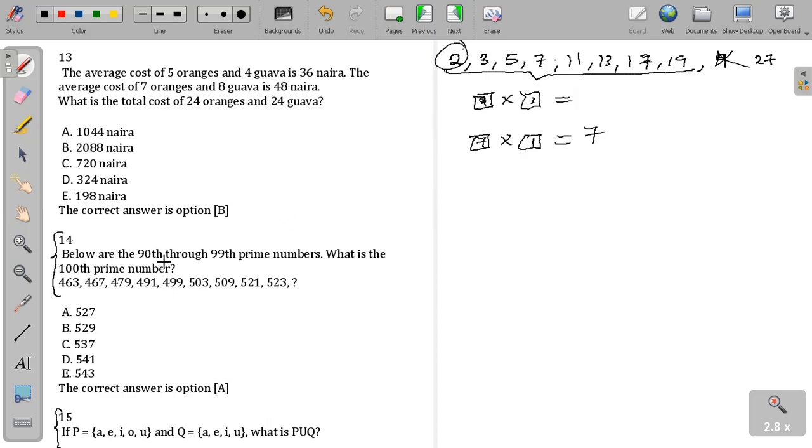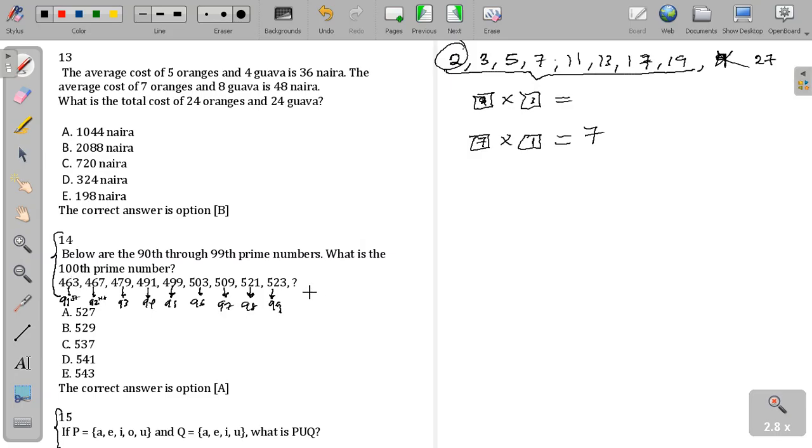Below are the 91st to 99th prime numbers. This one is the 91st position, 92nd position, 93rd, 94th, 95th, 96th, 97th, 98th, and the last one, the 99th position.